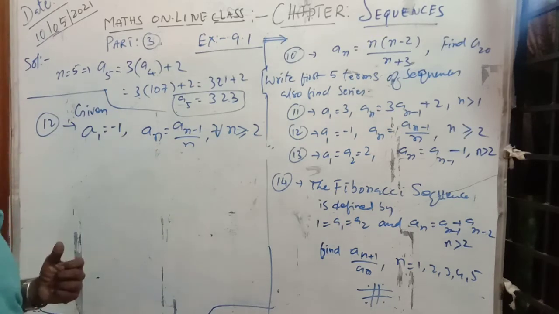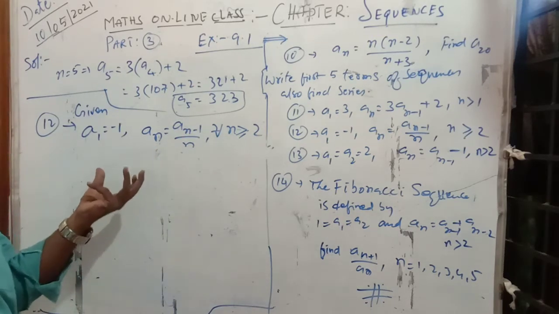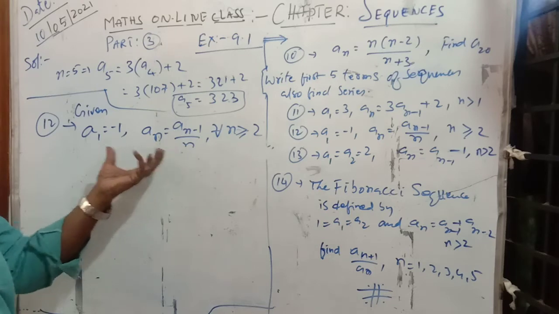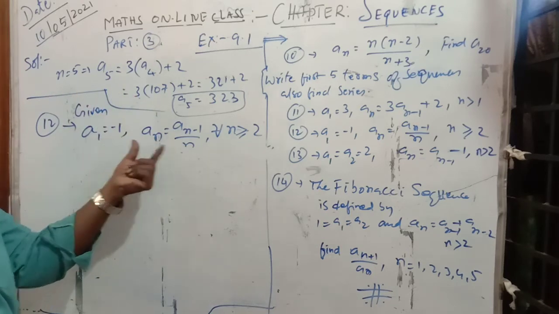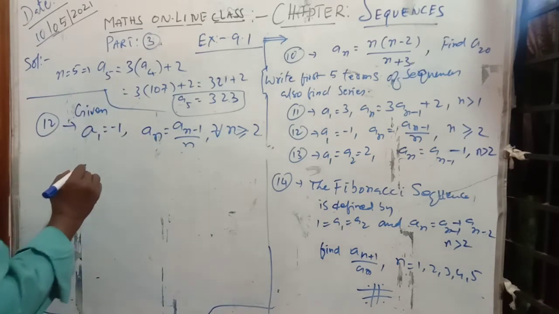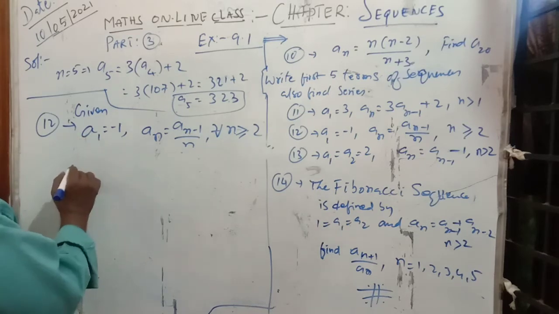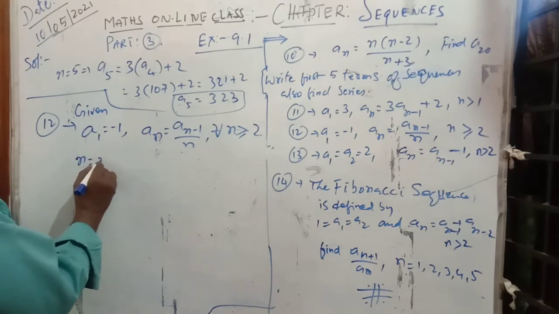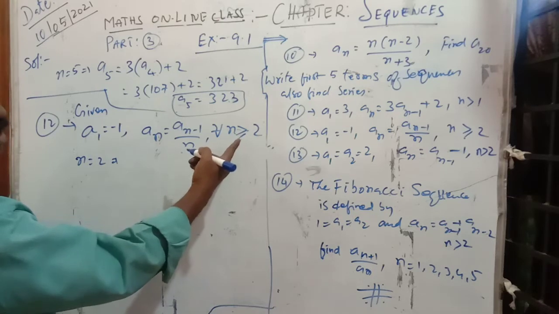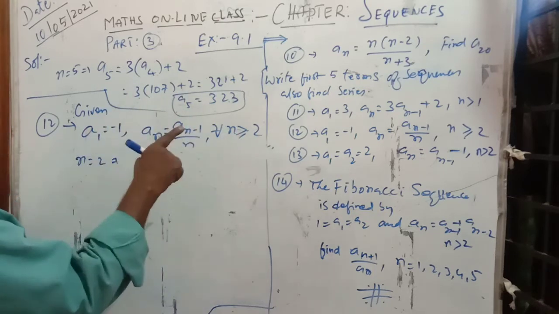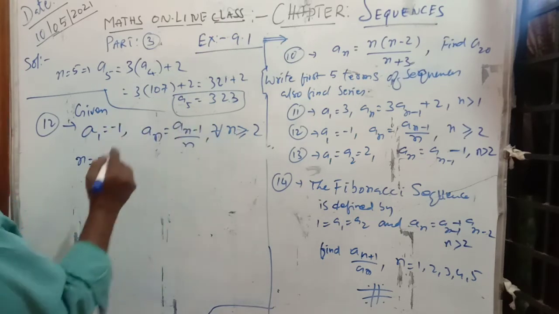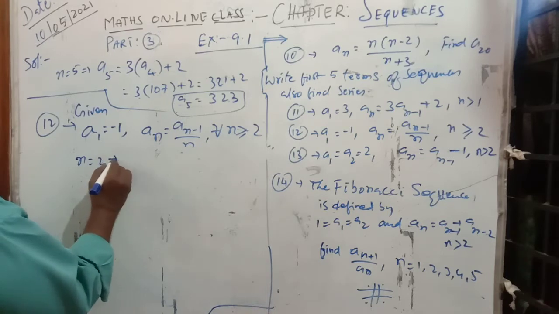The relation of each term with its previous term is given. Here we assume n is equal to 2, because it is from 2 onwards, n equal to 2 or more than 2.